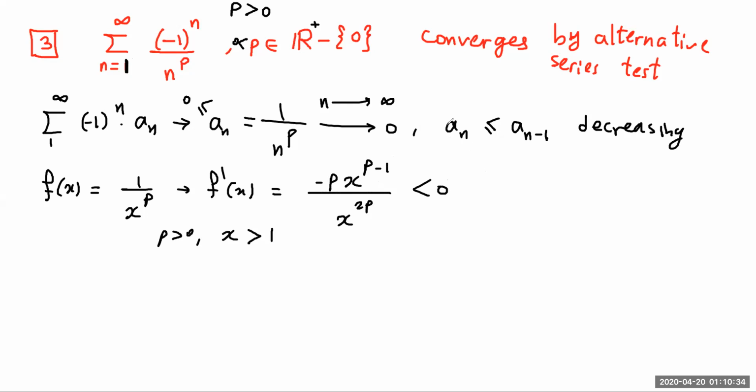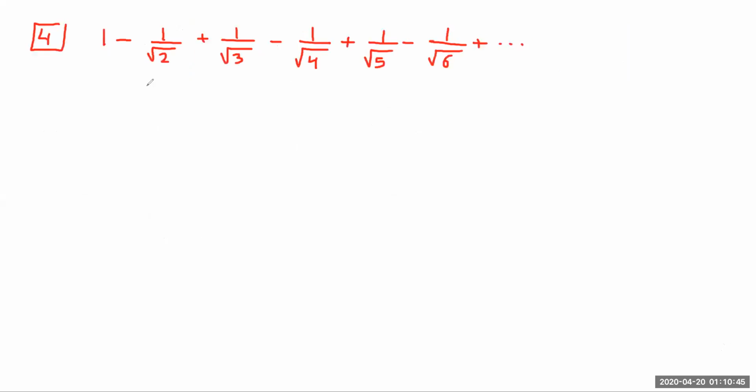So my function is decreasing. So all the conditions of the alternating series test are satisfied. So this series converges. Let's take this series. Let's write the general term of this series. Remark here: root 2, root 3, root 4, and plus, minus, plus, minus. So here you have 1 over root n, and minus 1 to the power what?